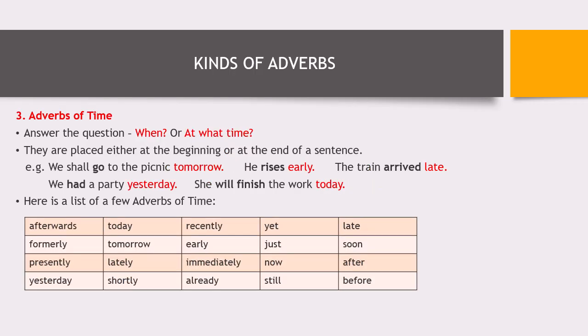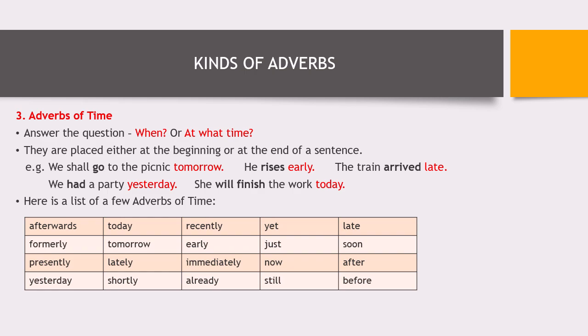Kinds of adverbs. 3. Adverbs of time. Answer the question, when or at what time? They are placed either at the beginning or at the end of a sentence. For example, we shall go to the picnic tomorrow. When? Tomorrow.